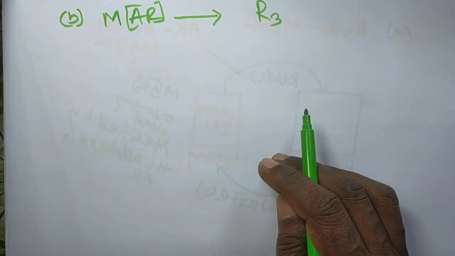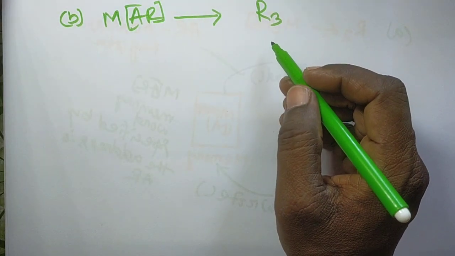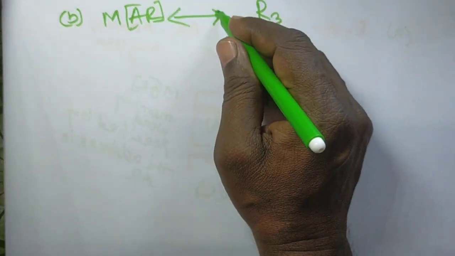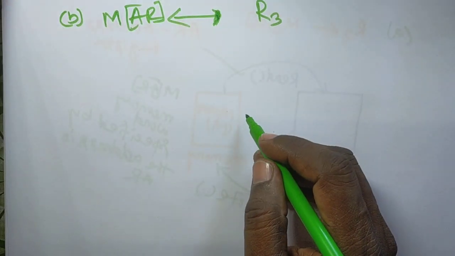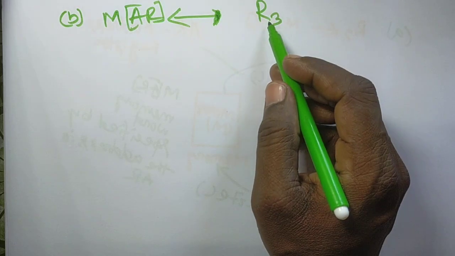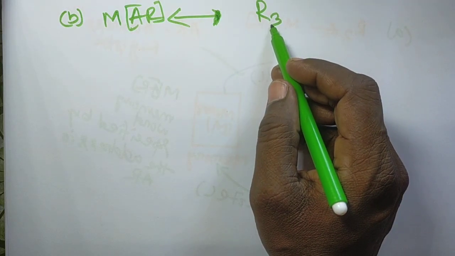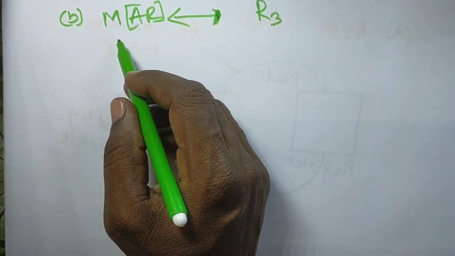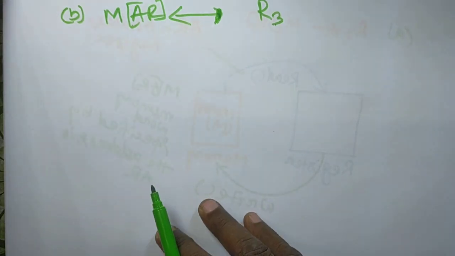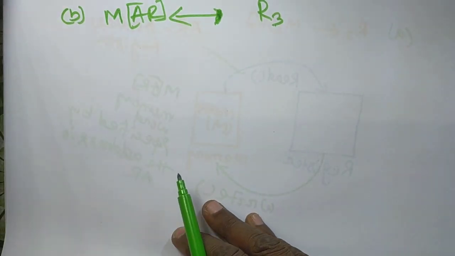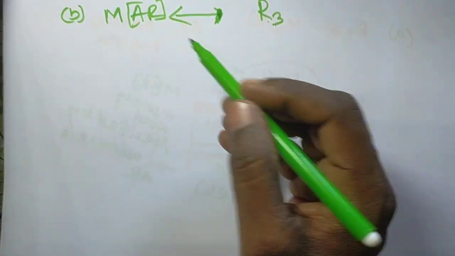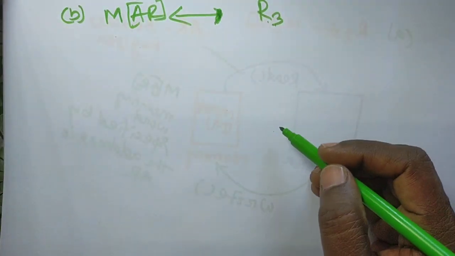R3. That means what happens? Sorry, the direction is like this. Okay, direction is like this. So the content of R3 transfers to memory. Means, like the previous case, the content of R3 transfers to memory, which means we have to write some data into memory.